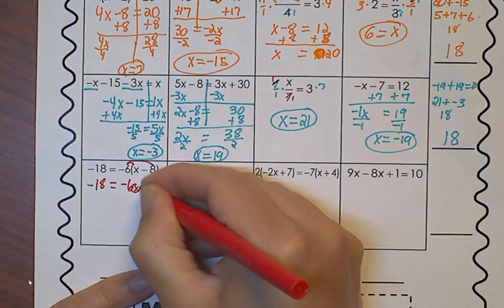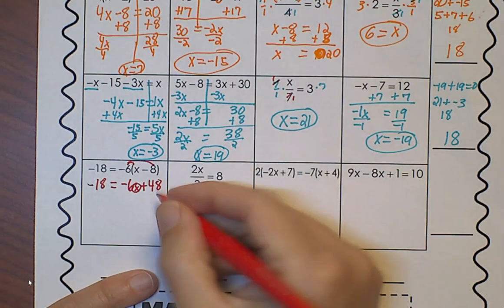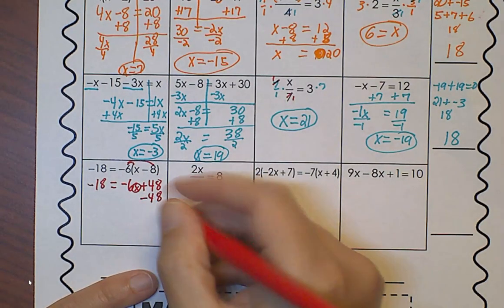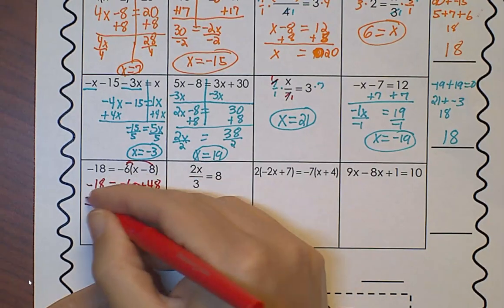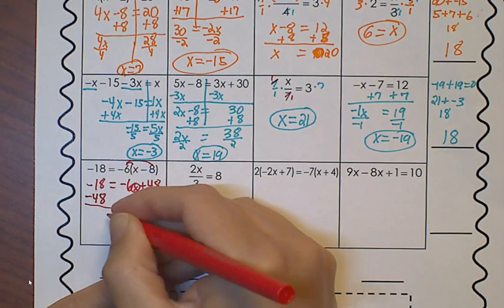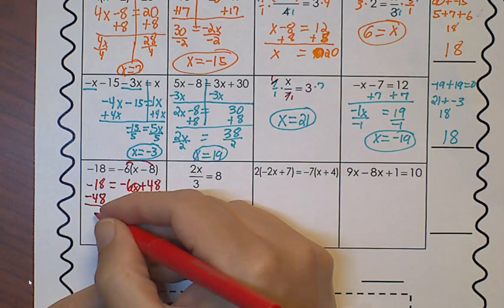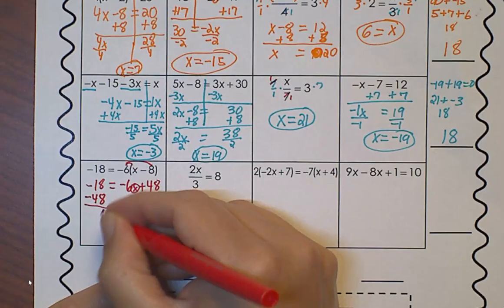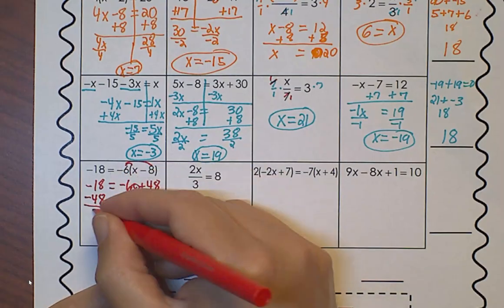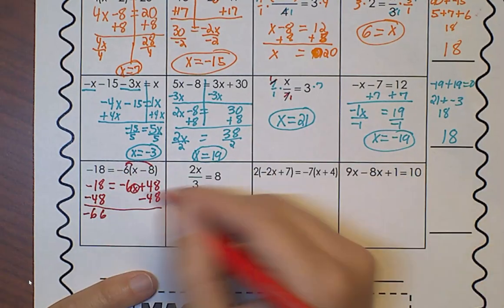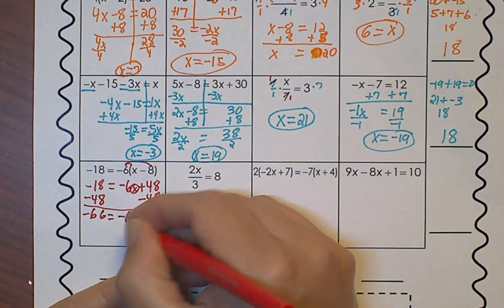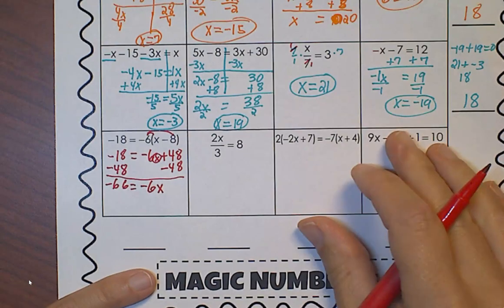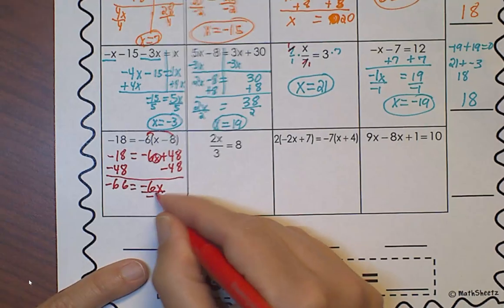Now it's time to get x all by itself. It's going to be a pretty big negative. Negative 66, 16, 31, 4, 5, 6. Yeah. Okay, what's the only way to get rid of multiplying by negative 6? Dividing by negative 6.